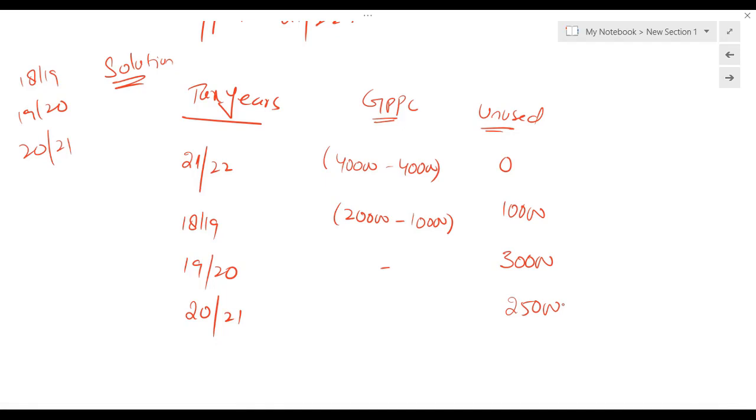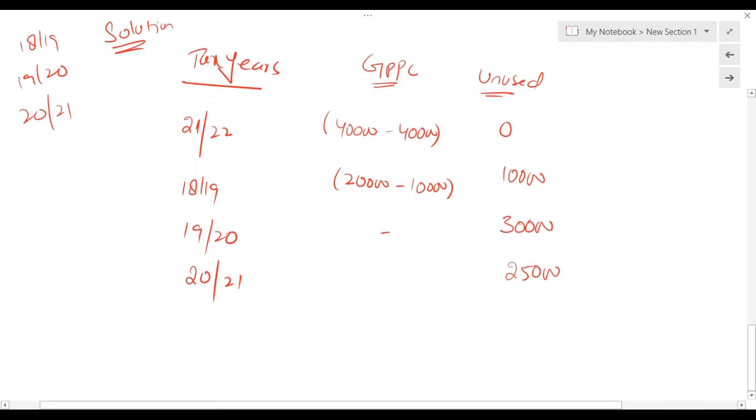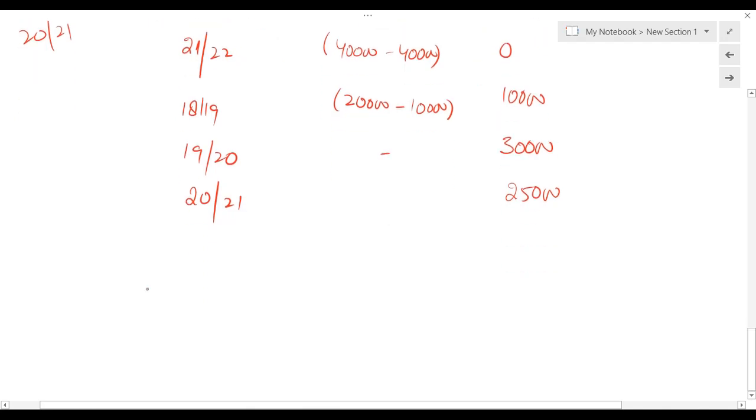But my examiner has asked me what will be the unused annual allowance carry forward for 21-22. Now listen carefully. We need to calculate carry forward annual allowance in 21-22.